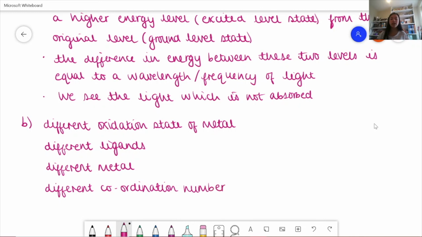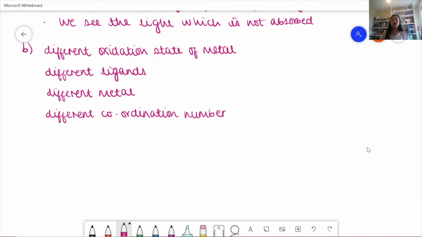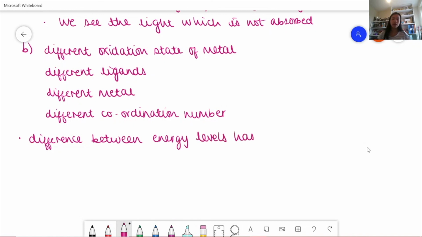And the reason why the colour changes when we change any one of these is because the energy difference between the two energy levels has been changed. And so the wavelength of light which has been absorbed has also changed. So we see different colours. So the difference between energy levels has changed.